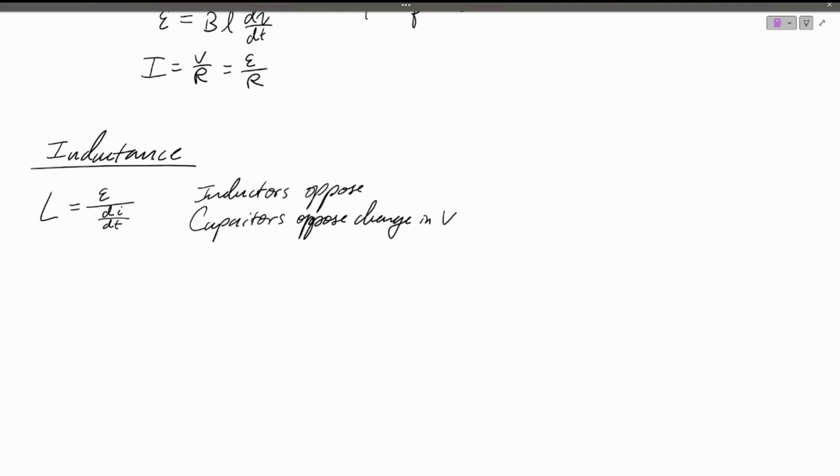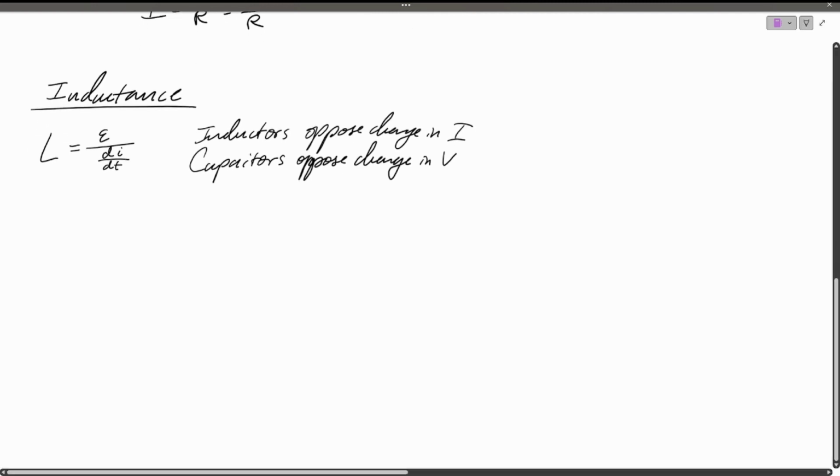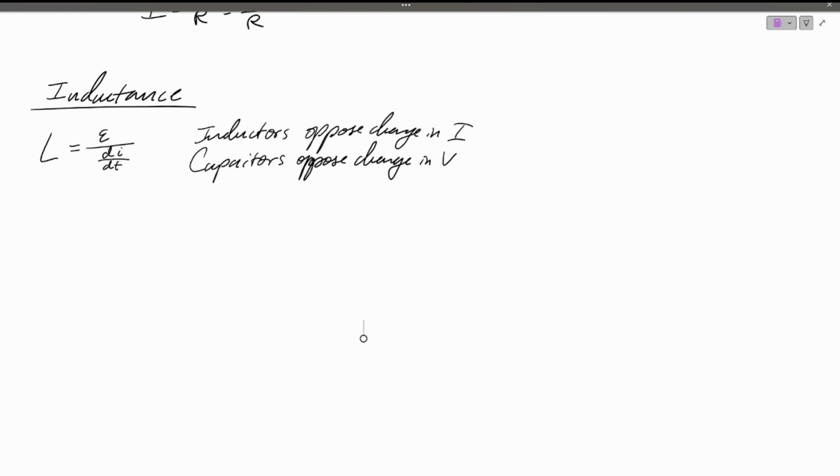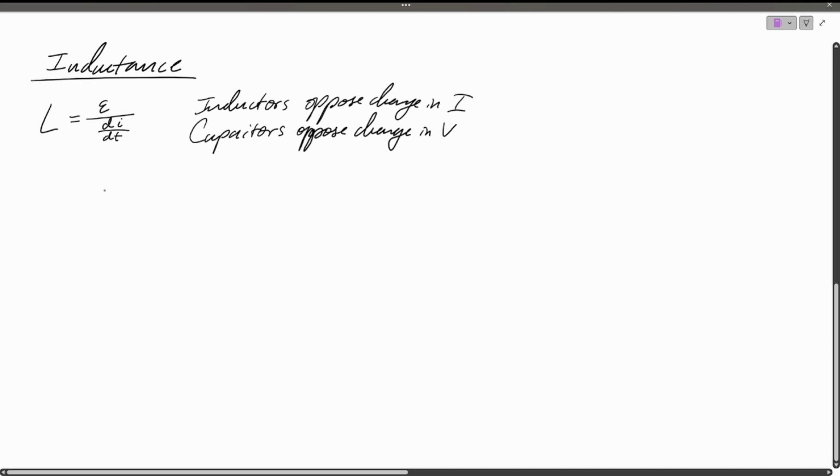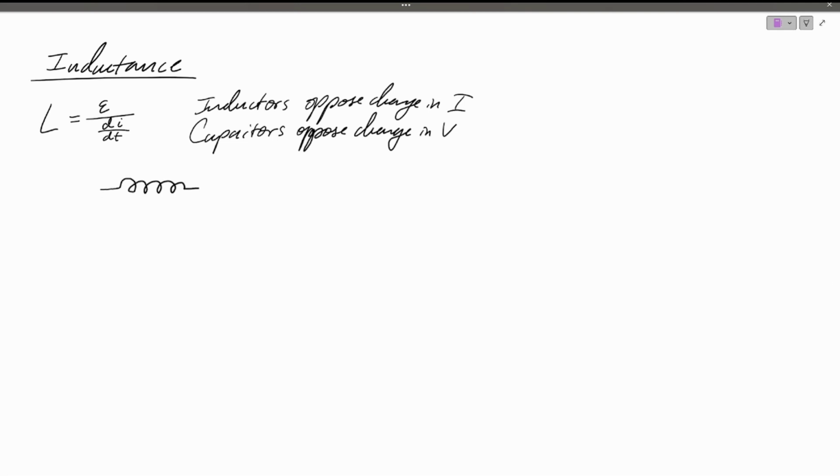Inductors oppose change in current. So let's see. Inductors in a circuit are going to be drawn like this, just a bunch of curly-doos, and well, they do what they say on the tin.